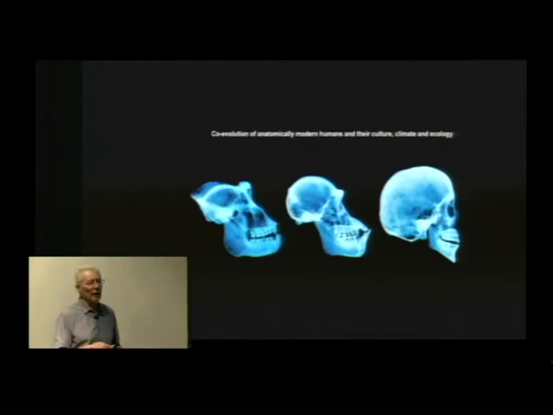Part of my argument is that if we understand how this fantastic, well-organized, beautiful form evolved in relation to culture, climate, and ecology, we will understand how to deliberately direct cultural evolution for new kinds of cities.